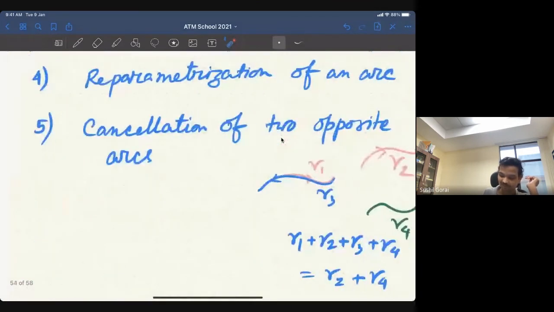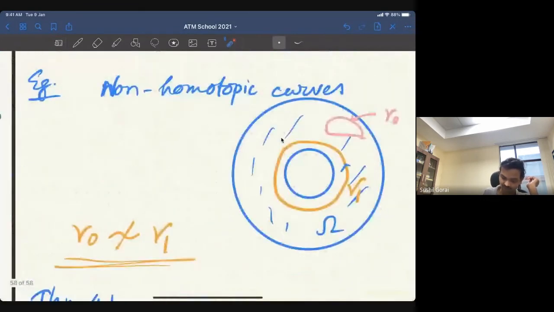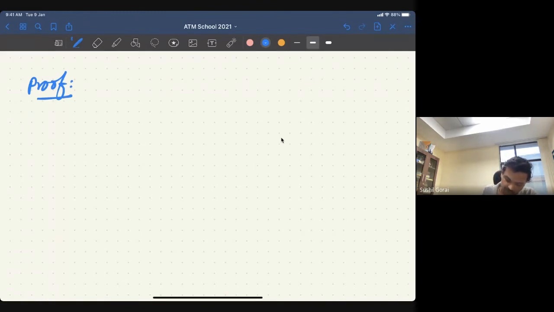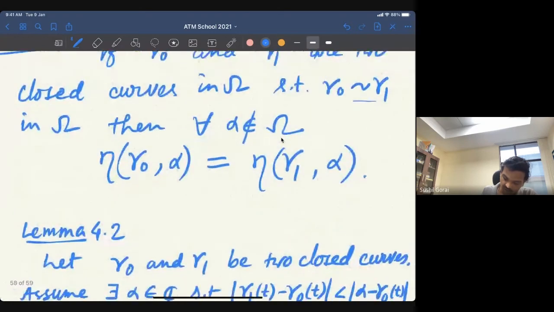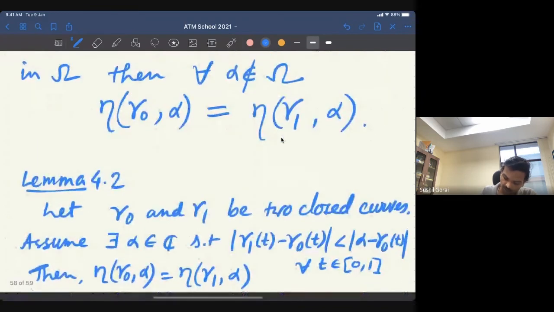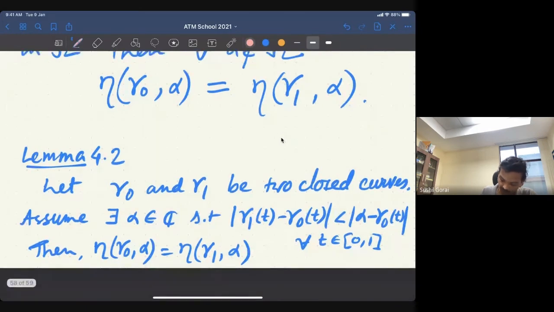So let us give a proof of this lemma. Well, something is required here which I forgot to mention.